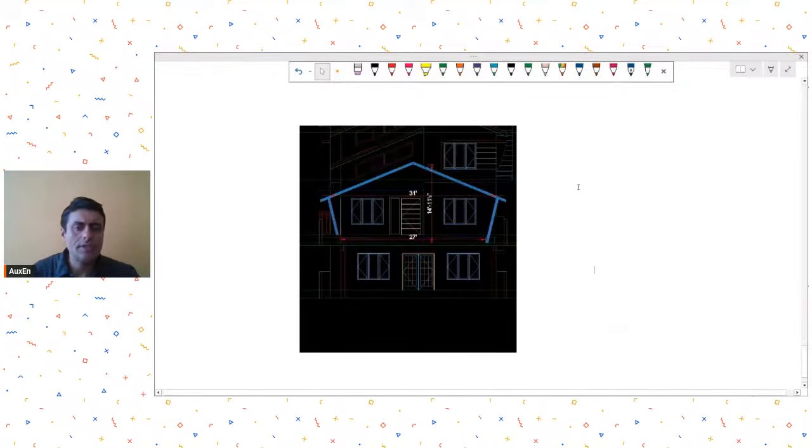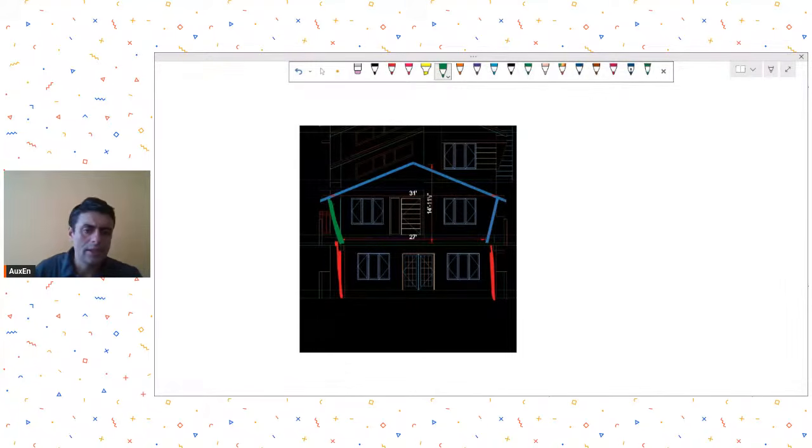So he has shared this image, and he has this structure where these columns are straight, as I understood from his discussion, and then these are inclined columns, and then this is an inclined, I mean pitched, roofing, and this span is 31 feet.